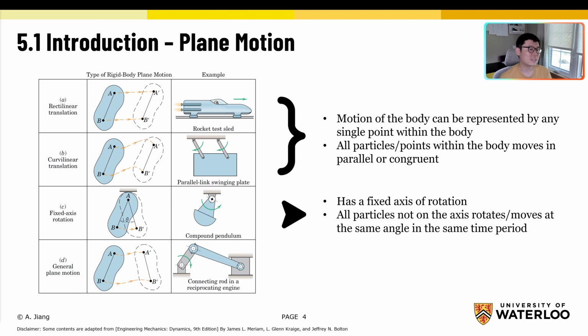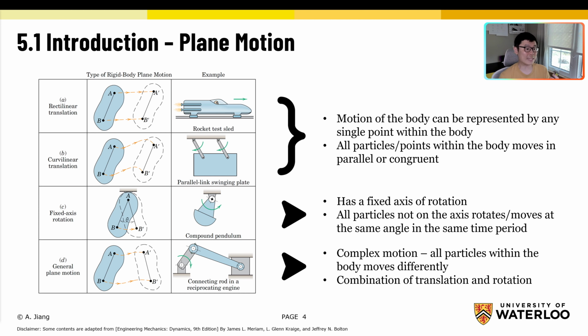Then, fixed axis rotation: in this case, all particles not on the axis rotate at the same angle in the same time period. Lastly, the complex motion. All particles within the body move differently, but later on, when we study them closely, such as the pen in my hand, the complex motion is actually just a combination of translation and rotation.